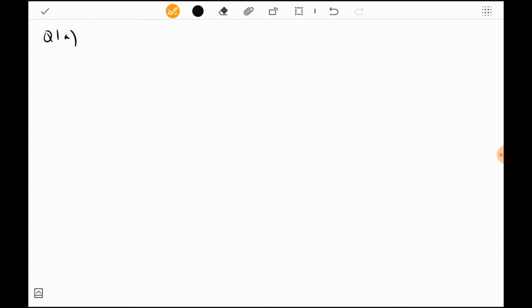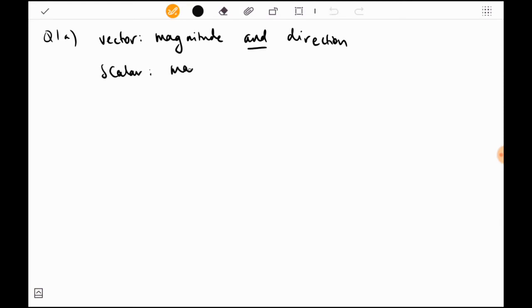So the first question here asks us what is the difference between a scalar quantity and a vector quantity. So the difference between them is a vector quantity has both a magnitude and a direction, while a scalar quantity simply has a magnitude.